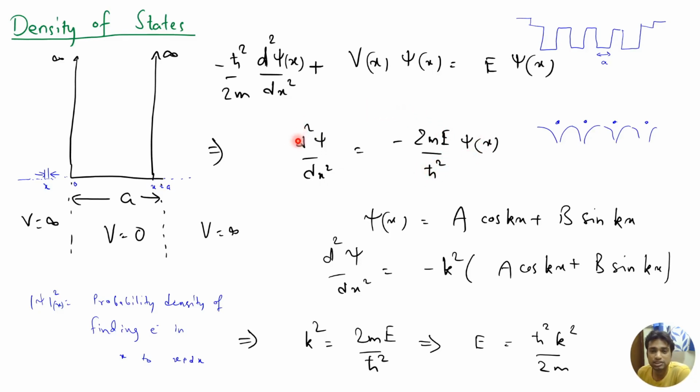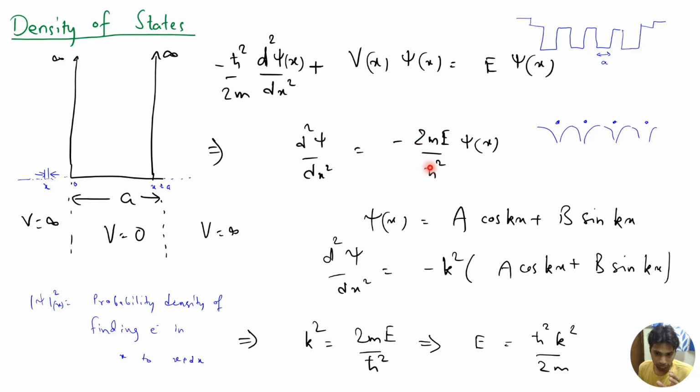Now you see this equation is very similar to the differential equation for the harmonic oscillator. Here E will be a constant, because it is an eigenvalue that we want to determine. H bar is a constant, m is a constant, and E is also a constant. So E is not a function of x. That is what is important.